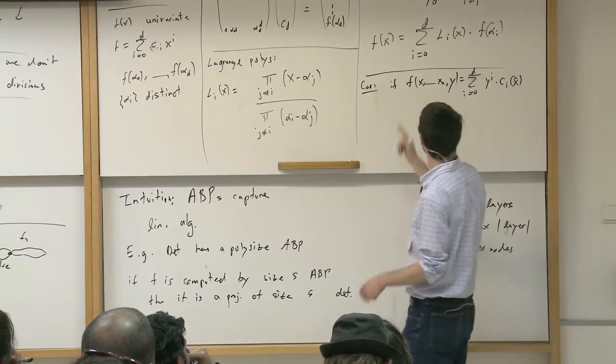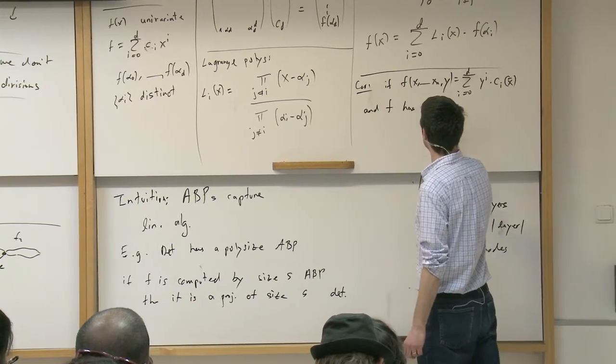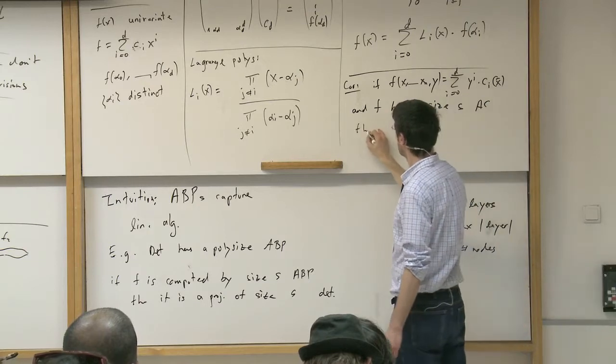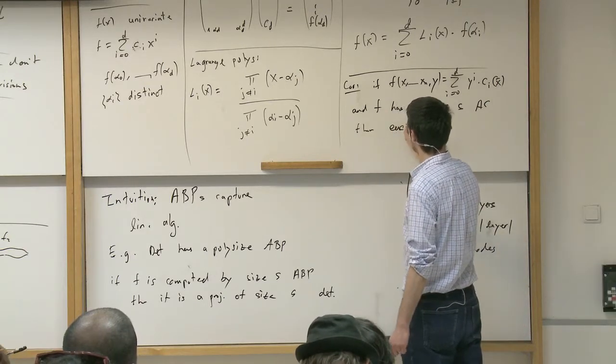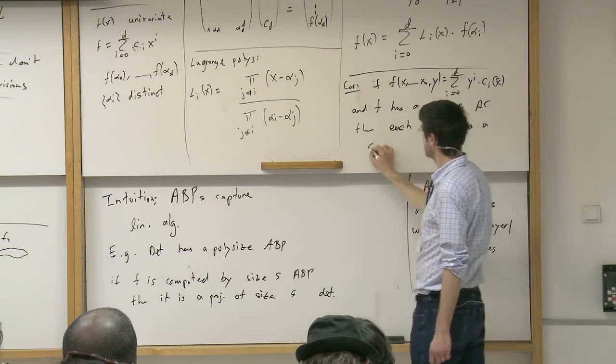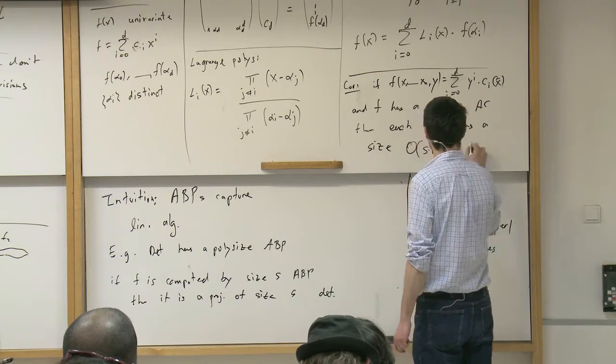So if f has a size S arithmetic circuit, then each c_i(x) has a size, I guess, O of S times d arithmetic circuit.